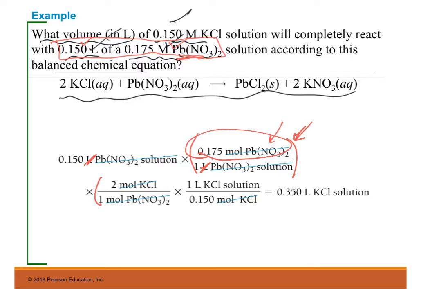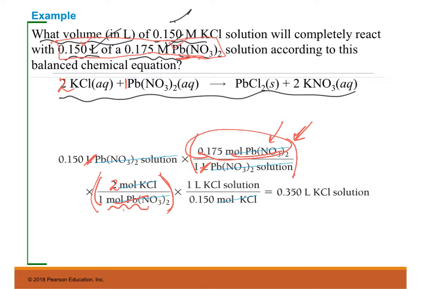Now we can use our mole ratio from the balanced equation. Make sure that you have the right thing in the numerator and denominator. Lead nitrate has to be in the denominator so that it cancels out. If we look at the balanced equation, there's 1 lead nitrate for every 2 KCl, and so here's our mole ratio.